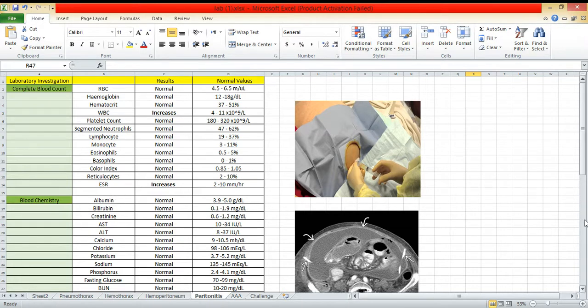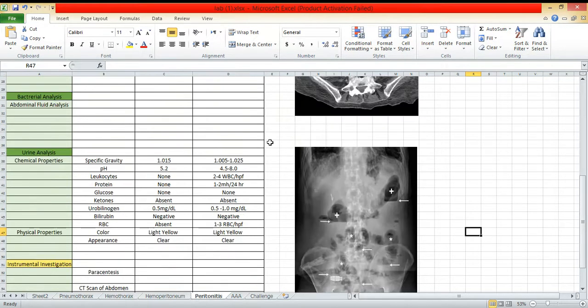Bacterial analysis, here there is collection of abdominal fluid by paracentesis, and it can be analyzed for bacteria, because peritonitis can be caused by bacteria. There's urine analysis where all is normal, and instrumental investigation, which includes paracentesis, CT scan of the abdomen, abdominal X-ray, and ultrasound.